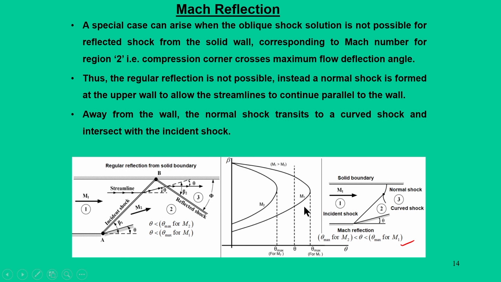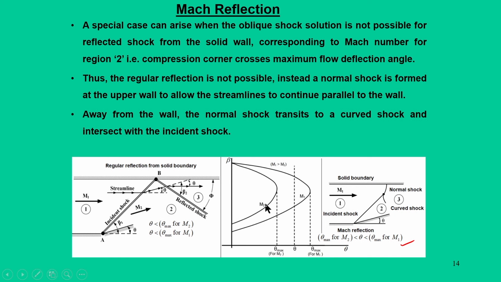If you look at this theta-beta-M curve, for theta max for Mach number M1 we will have a theta solution here. So, obviously this is an attached shock, and for Mach number M2 it is not an attached shock because theta is higher than theta max for Mach number M2.